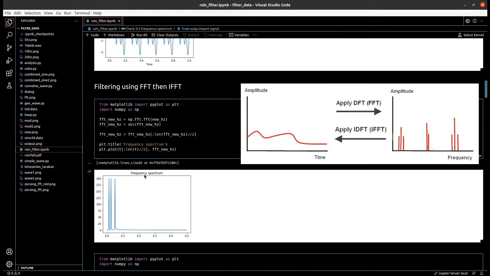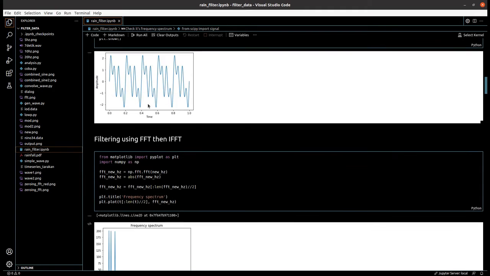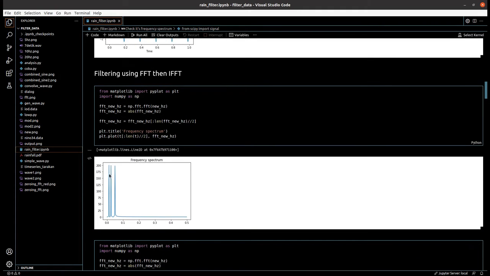In this frequency spectrum, as you can see, we combine 3 waves. We have 3 frequencies that are above 0.